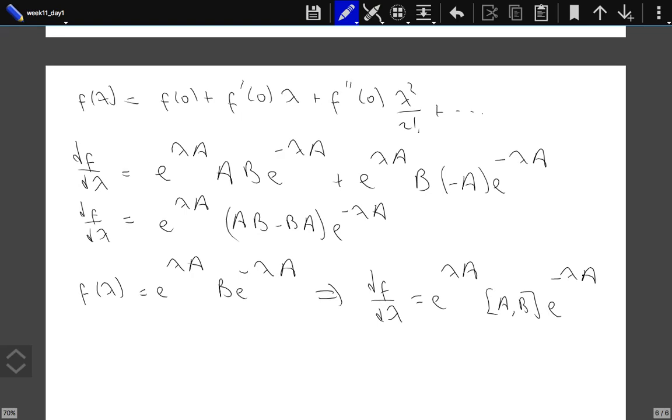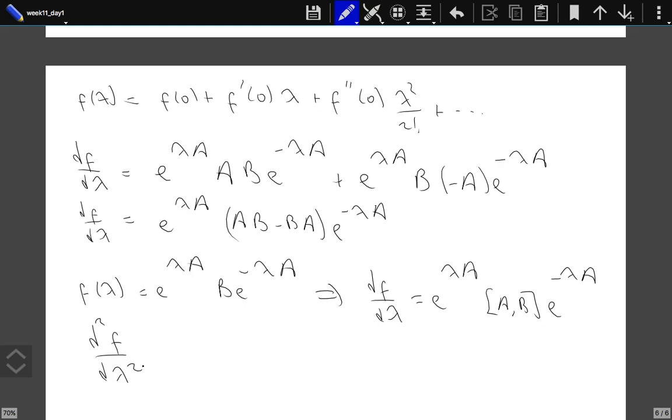So what this tells me is that if you have a function which is obtained by having some operator in the middle, you multiply by e to power lambda A on the left and e to power minus lambda A on the right, and then if you take its derivative, what this derivative does is it just replaces the operator in the middle by its commutator with A. So the second derivative of f with respect to lambda is the derivative of df by d lambda, but it has exactly the same form.